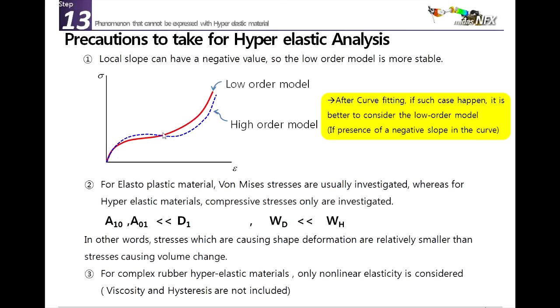So you have some kind of instability, and when you perform the nonlinear analysis, it's a bit like the nonlinear buckling that I talked about. At this step, it may not converge. So you should be aware that sometimes when you go from a low order model to a high order model, you may have such a problem. So you have to be careful and check that the curve is not like that.